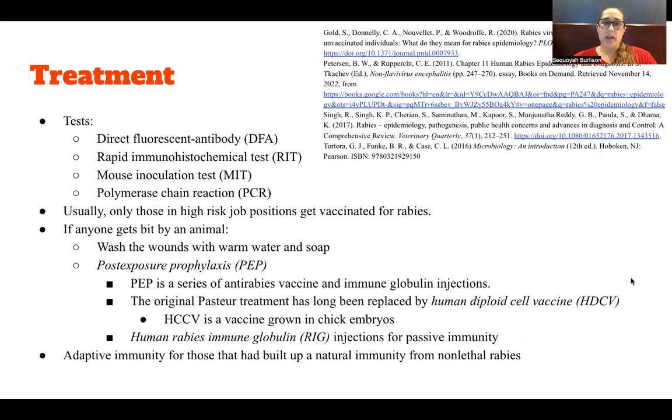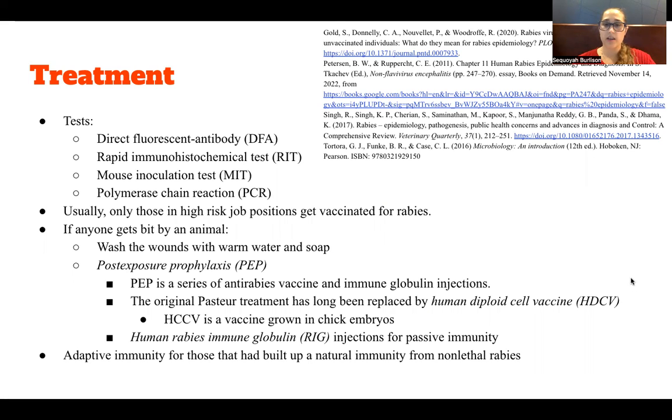There are some people that have a high risk job that are able to get vaccinated beforehand, such as wildlife management caretakers, anyone involved with wild animals. There are other situations as well. However, most people are not pre-vaccinated. So once they get the bite, they have to immediately go to the hospital and get treated with post-exposure prophylaxis, which is also known as PEP.